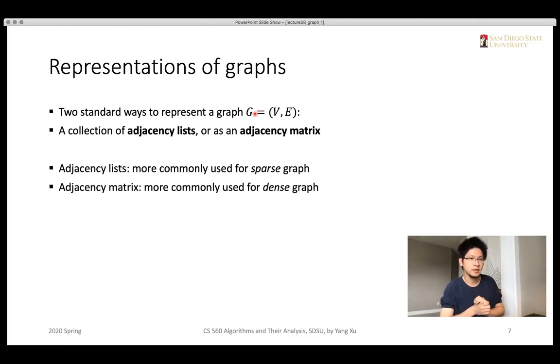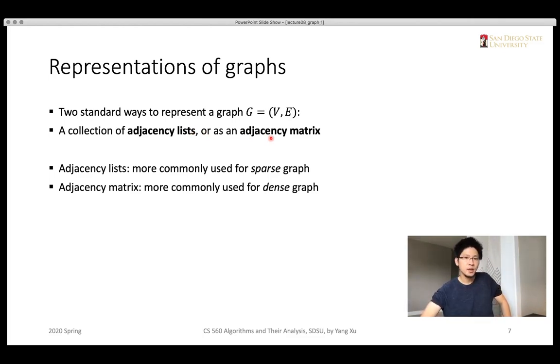The first way is a collection of adjacency lists. So we call this our first method, adjacency lists. Note that here lists is a plural form, so there is more than one list. It's a couple of lists. And the second way is the adjacency matrix.